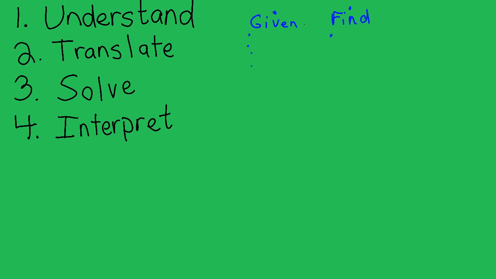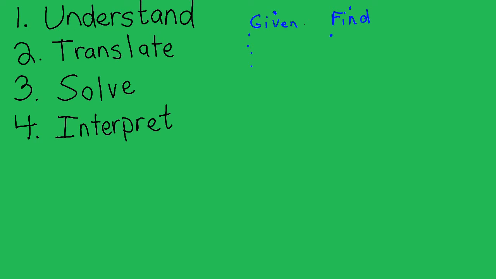Also, in situations where drawing something would help, go ahead and make a drawing to model this situation. But essentially in this step, we want to identify the known information and what we're being asked to find, and then select a variable.